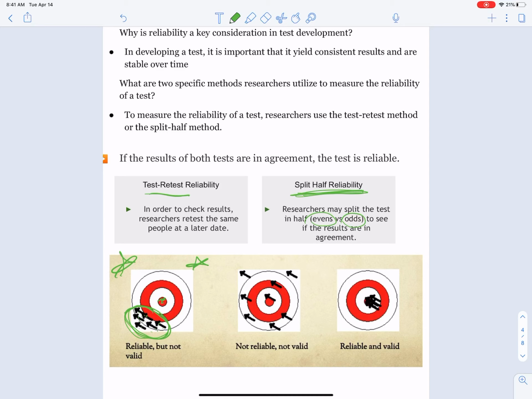When you're trying to hit a bullseye, when you're trying to test for certain things, that requires validity as well, as you can see over here in this example. These are all hitting the same mark, so there is consistency in the results, and they're hitting the center mark. They are measuring what we want to measure, and those results are reliable and valid, and that's really what you're trying to achieve when you design an assessment of any type.